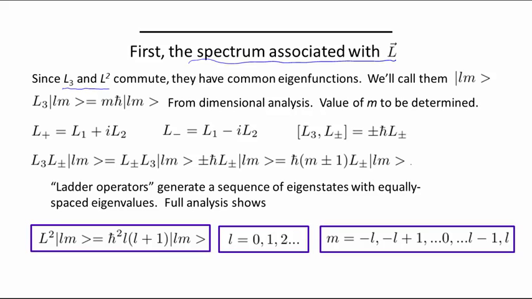So the first observation is that L3 and L squared commute. There's nothing important about L3 here, but we know that L3, L1, and L2 do not mutually commute, though each one of them commutes with L squared. So just by convention, we pick L3.